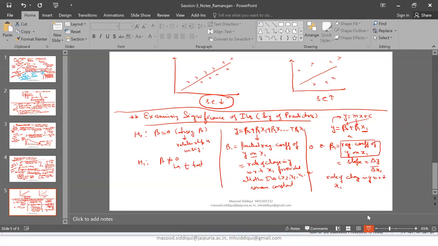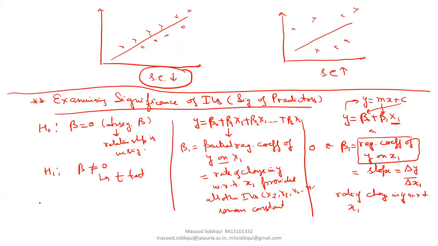If the p-value, or significance, is small, less than the default value of 5%, then we reject H naught at 5%, meaning we reject the insignificance of beta, so beta is not equal to 0.